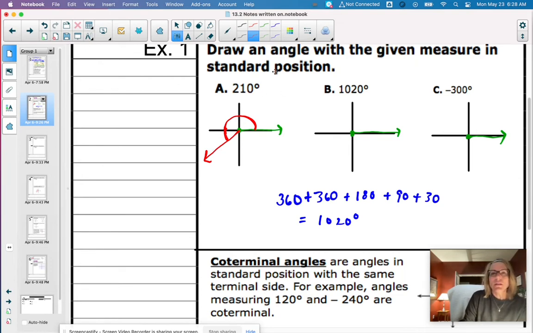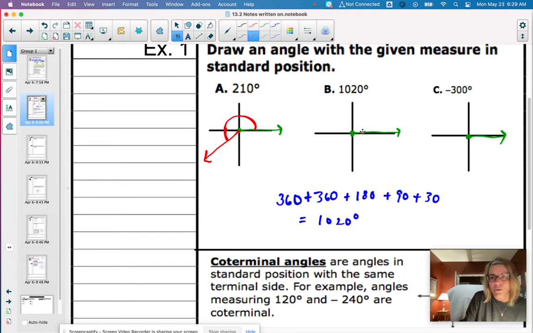That's how you draw an angle with the given measure in standard position. This is kind of an estimate, but I know that from here to here is 180, and I need to travel an additional 30 degrees to get to 210. On this one, pay close attention, we're getting to 1020 degrees. So I wrote down below how we're going to get there.